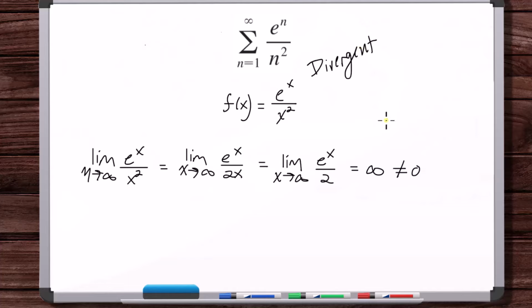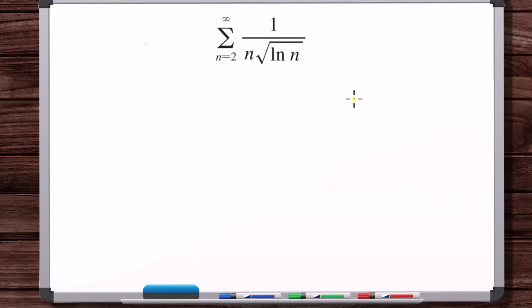All right, here I see this 1 over n, and I think, okay, we know this is a p series that's divergent. How is that related to this? Well, the square root of natural log of n, going from 2 to infinity, is always positive, and it just gets bigger and bigger.